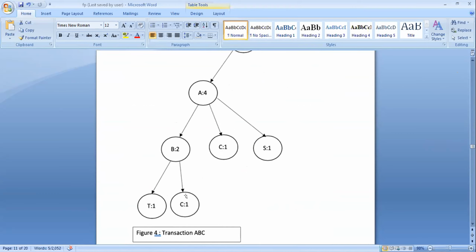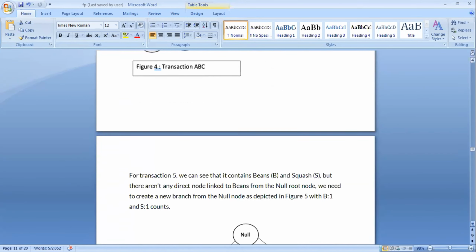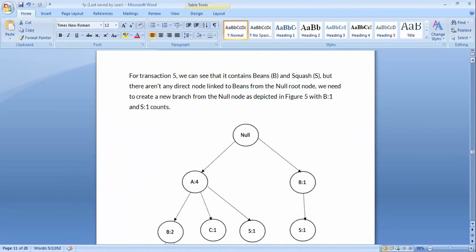And C is also represented as 1, always in the forward direction only, that is A, B, C. So A is incremented, B is incremented, and C is also represented as 1. Like this way, we construct the frequent pattern tree.